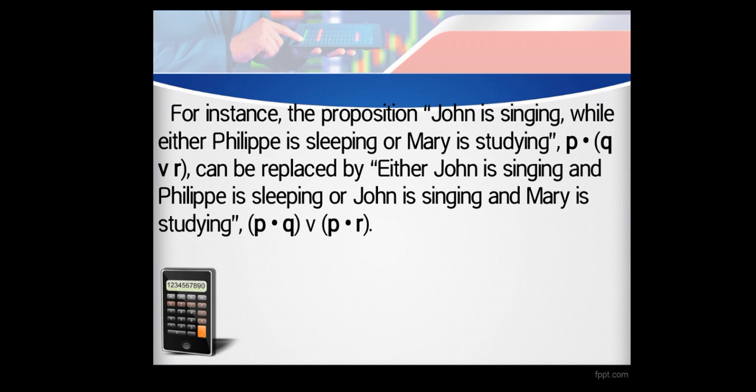So P and the quantity Q or R can be replaced by John is singing and Philip is sleeping, or John is singing and Mary is studying. So that is P and Q, or P and R. That is the distribution.